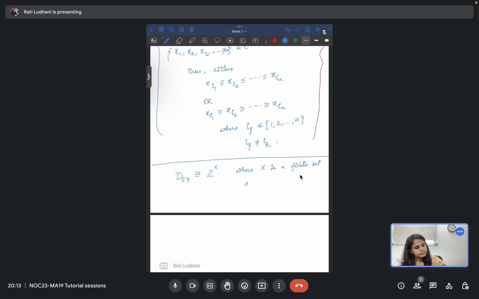and it denotes the power set of X, and has the natural relation of inclusion.